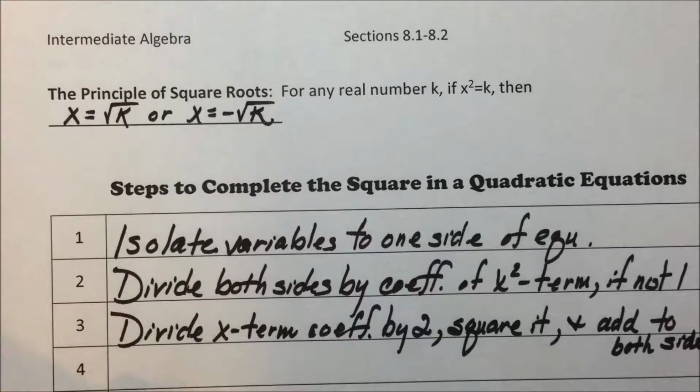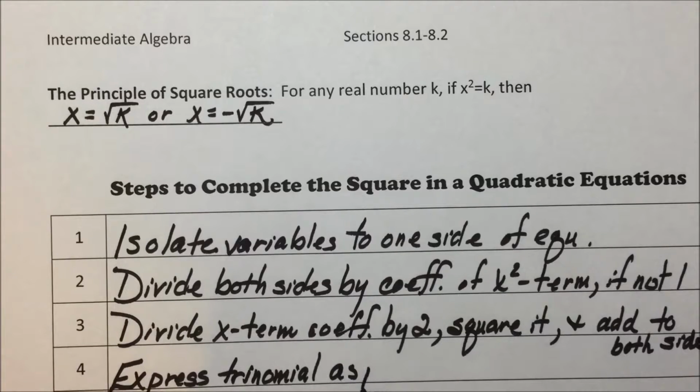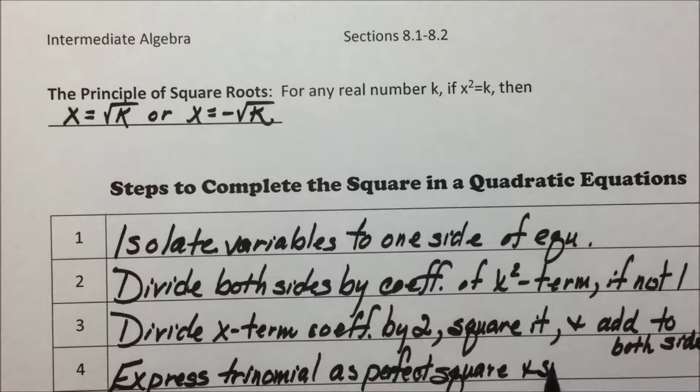Next, we want to express the trinomial as a perfect square, and simplify the other side.